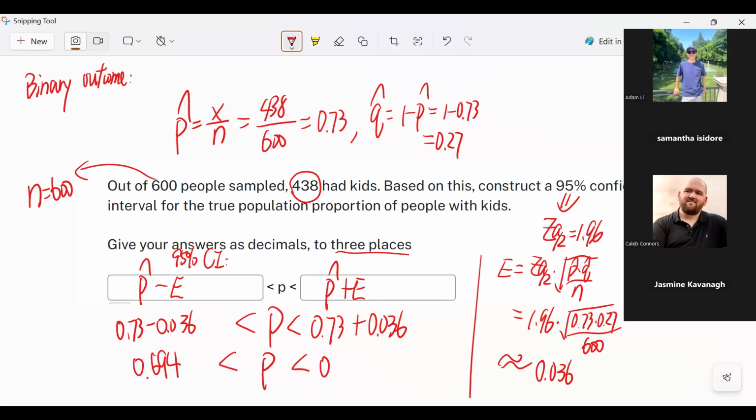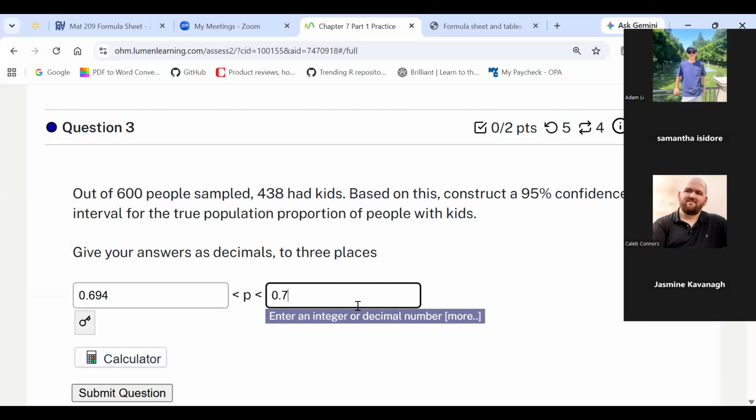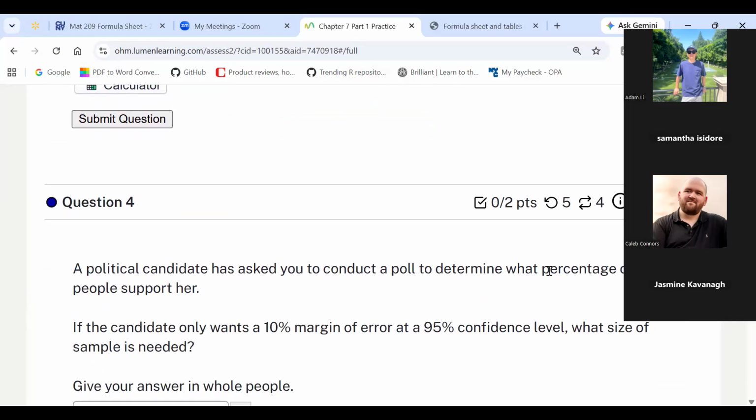The upper limit is 0.766, or 76.6%. So you can say that at least 69% of the people have kids, with 95% confidence for the entire population. Any question about this? Okay, both good.